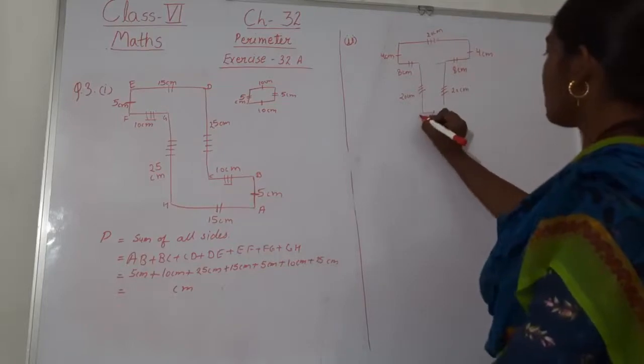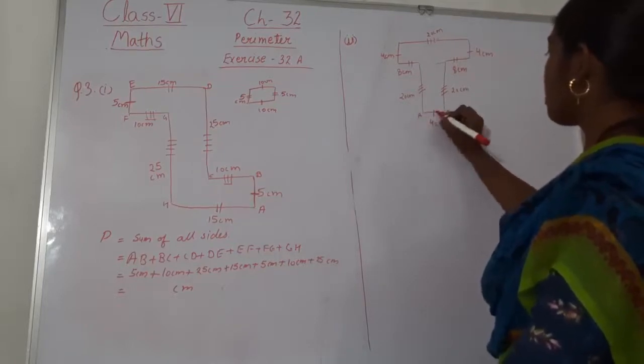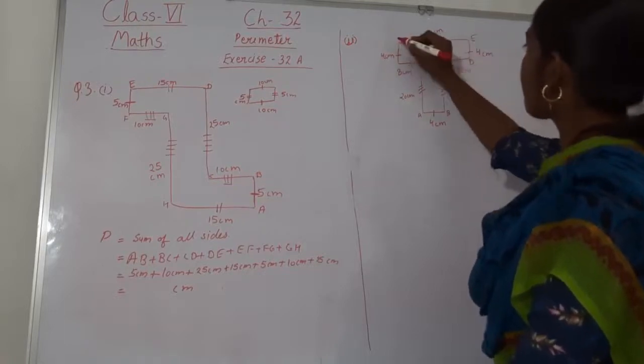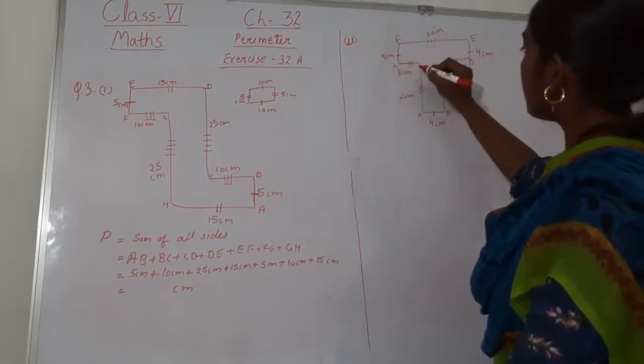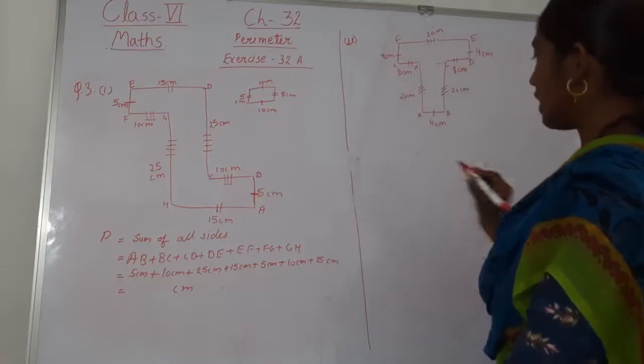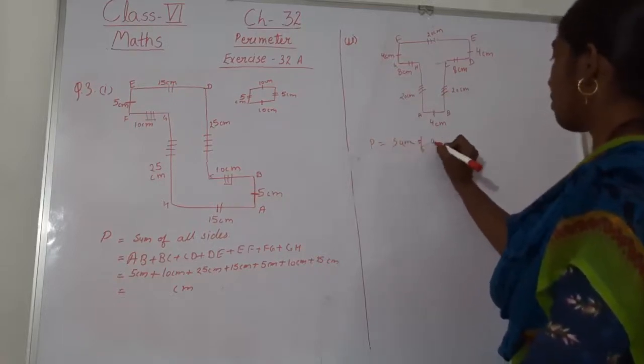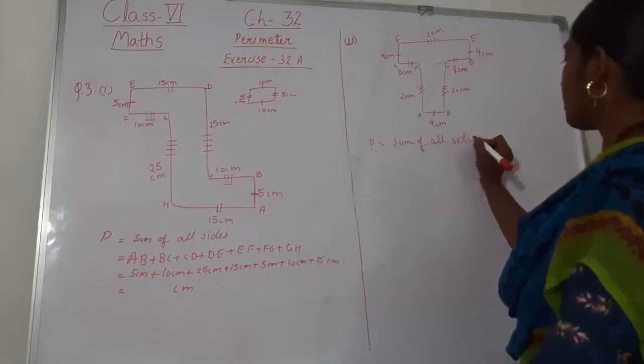Now I am giving it names so that there will not be any confusion. A, B, C, D, E, F, G, H, only that much. Now the perimeter formula will be the sum of all sides.